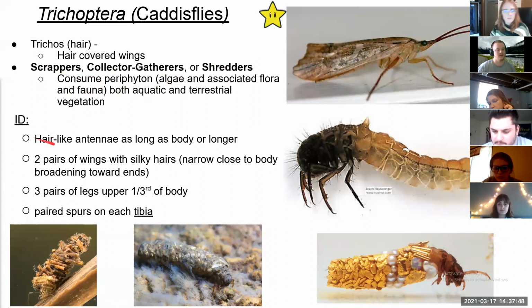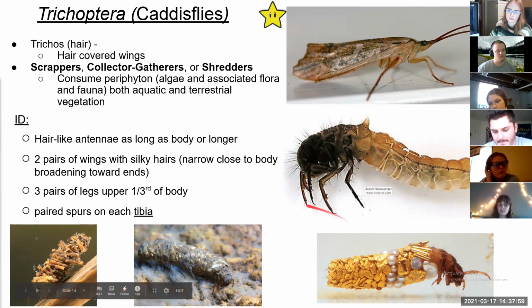The key identification characteristics: they have long hair-like antennae, which are as long as the body or longer. They have two pairs of wings with those silky hairs on them that I mentioned earlier.